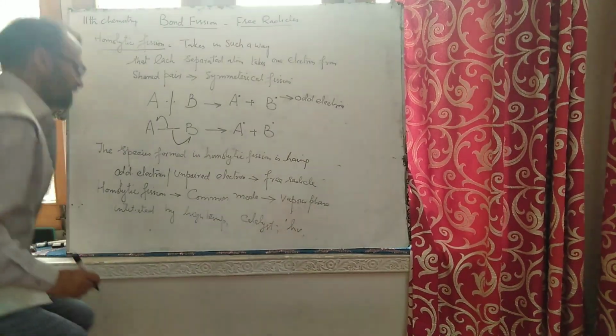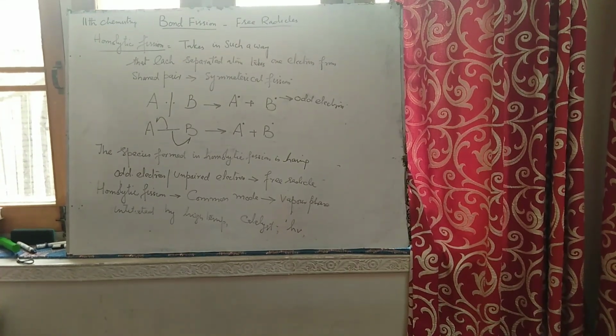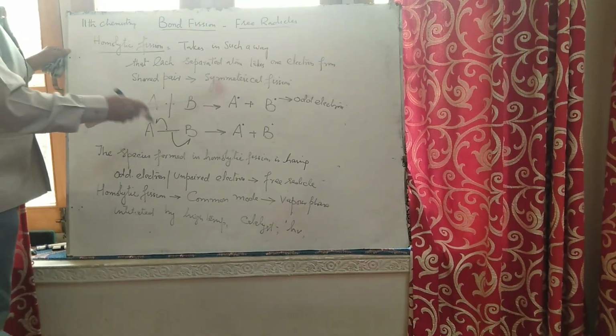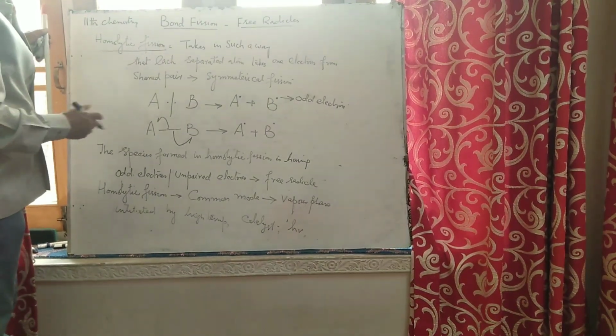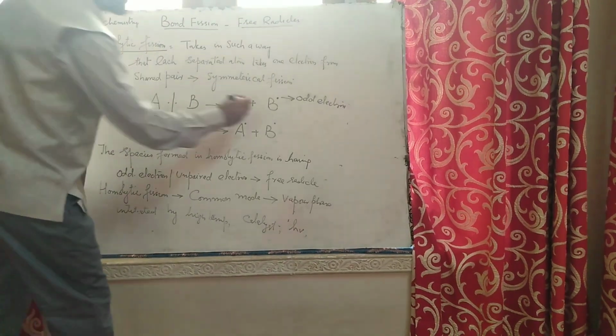So this is homolytic fission. It is symmetrical fission because from the bonded pair each receives one electron. Now the species so formed, you see there is no charge, so they are electrically neutral.